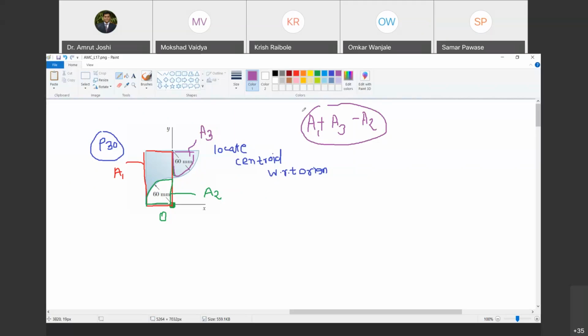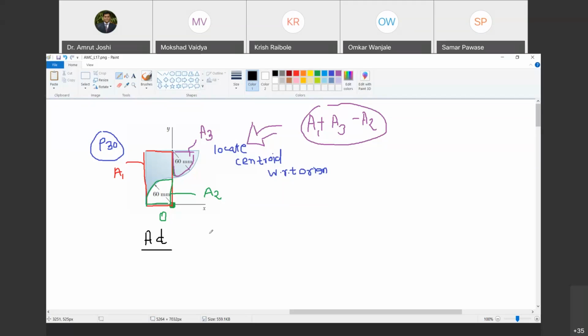Yes, sir. This equation you should write in your mind and ensure that we know the centroids of A1, A2 as well as A3. वो हुआ तो ही काम चल सकता है. Are you with me? Yes, sir. हाँ, चलो. So now the next job is very simple. We are going to just do the tabular form. So area designation, I will call it AD.